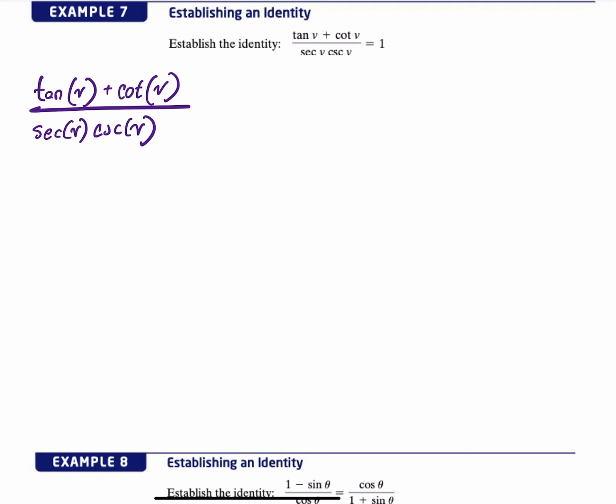What can we do? Let's just try converting everything to sines and cosines. We know that tangent is sine over cosine. Cotangent is cosine over sine.